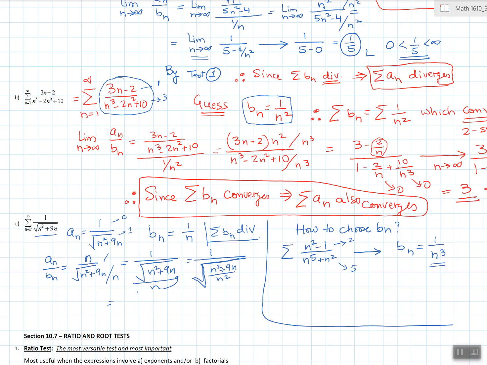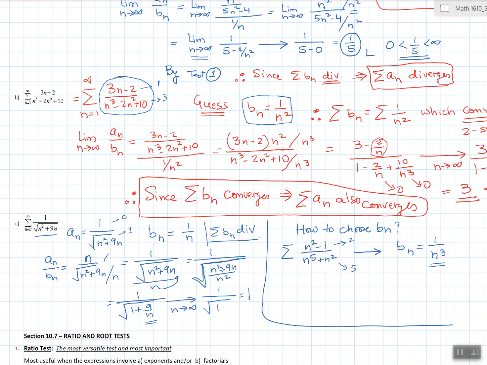So this leaves me with 1 over radical 1 plus 9 over n, and as n goes to infinity, I get 1 over radical 1, because 9 over n is going to 0.